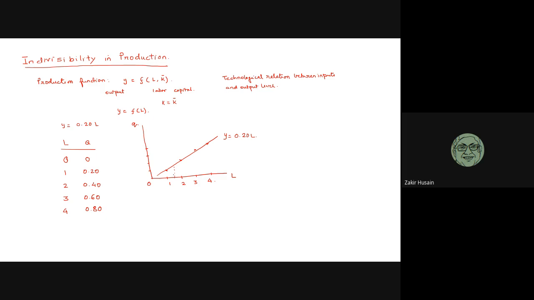Look at this point. What is the value of L at this point? Sir, where, sir? At this point where I've drawn the dotted line. Sir, it can't be a decimal, right? Yes, sir. How can we take L as 1.5 units of labor?